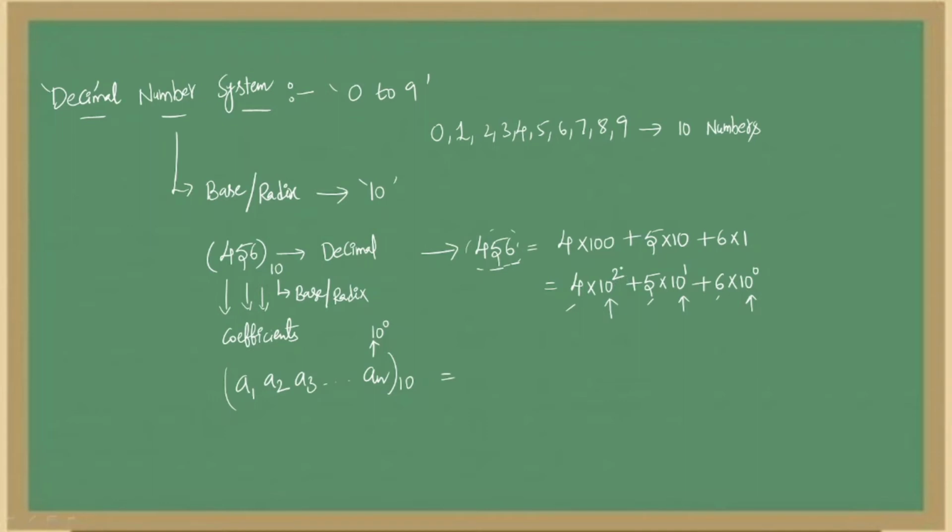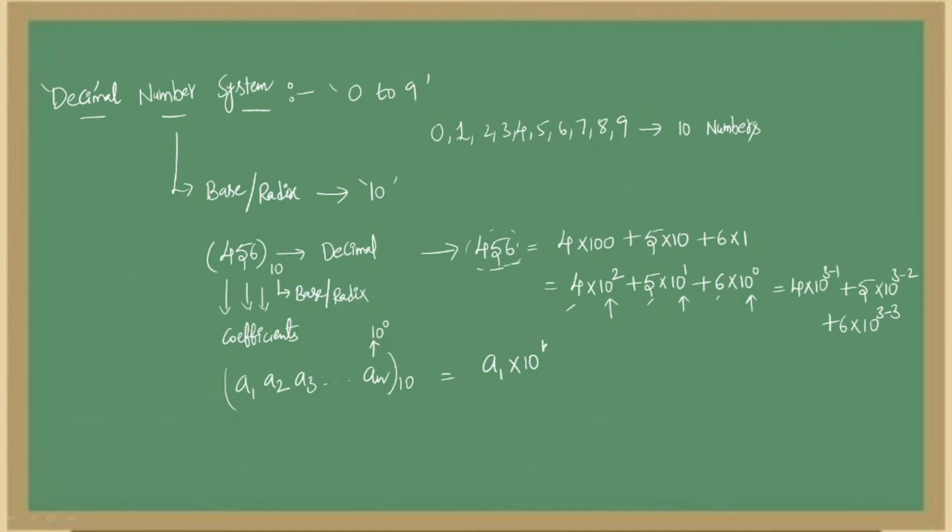So I can write this as 10 power 3 minus 1, 10 power 3 minus 2, 10 power 3 minus 3. So I am writing this as 4 into 10 power 3 minus 1, plus 5 into 10 power 3 minus 2, plus 6 into 10 power 3 minus 3. Like that, here also I can write this as a1 into 10 power, with n being the number of coefficients.